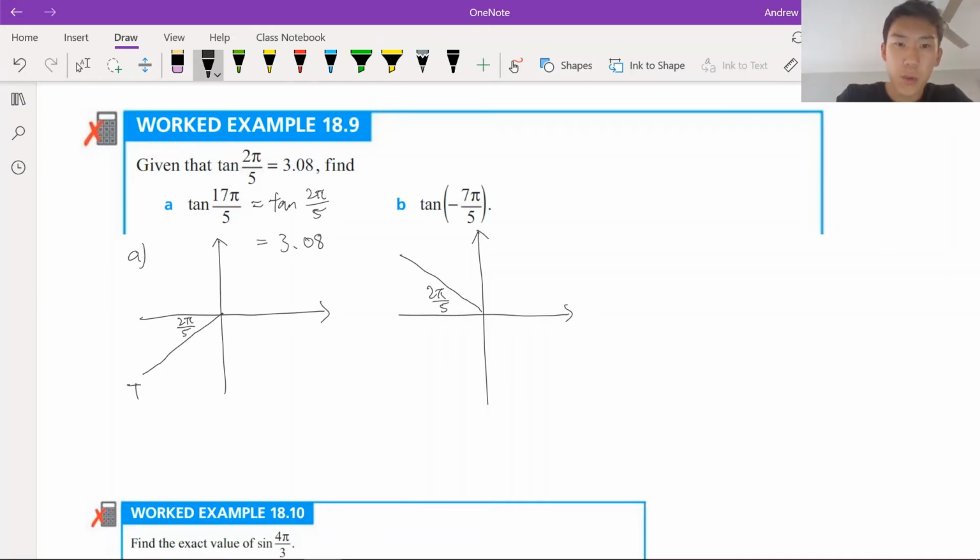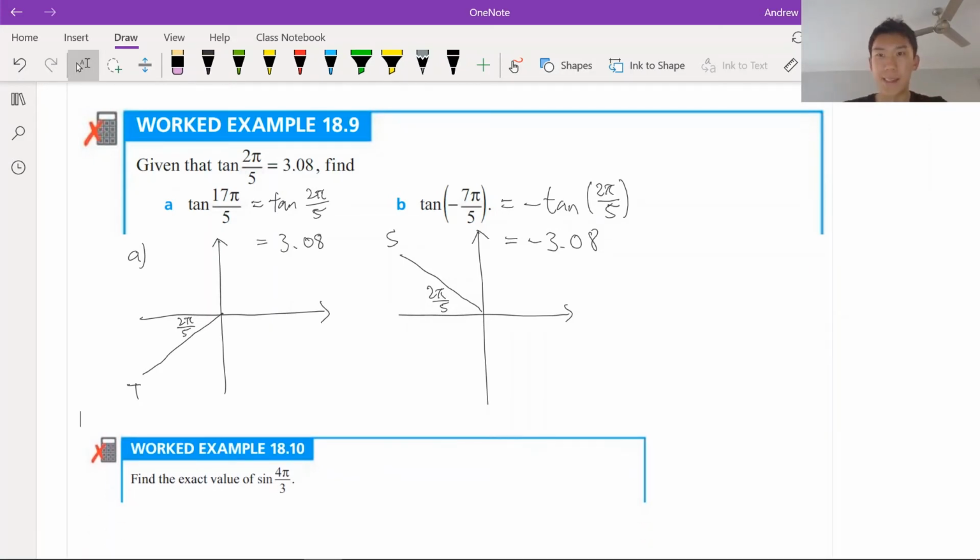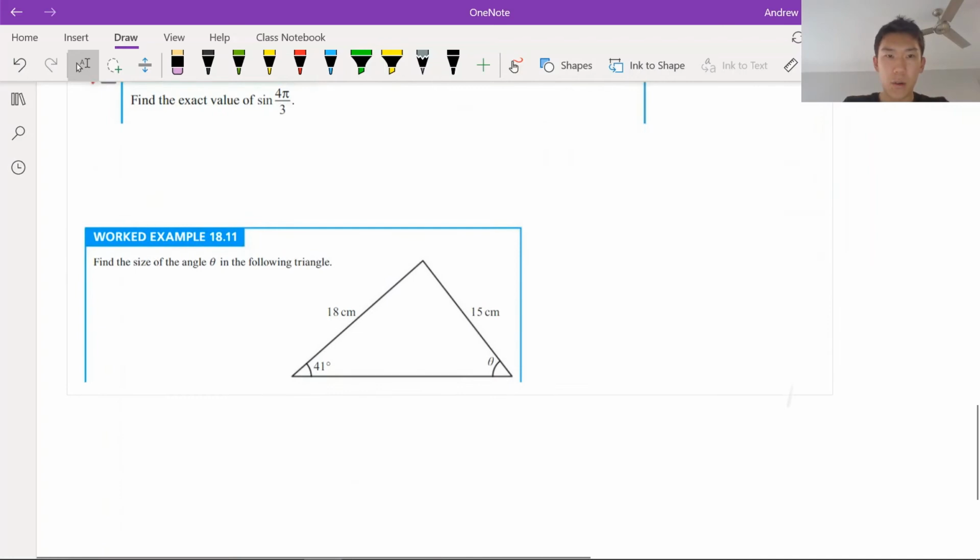That means in this, we're in the sine quadrant, so the final value is going to be negative. It's going to be negative tan(2 pi on 5), because that's the angle with the x-axis, and therefore we'll get negative 3.08. Okay, so one positive, one negative, depending on the quadrant that the angle is in. Okay, well, getting there.